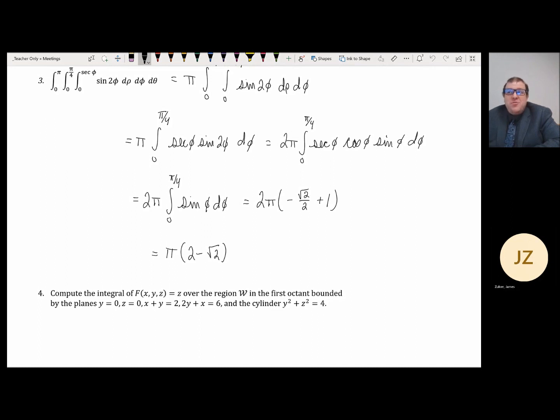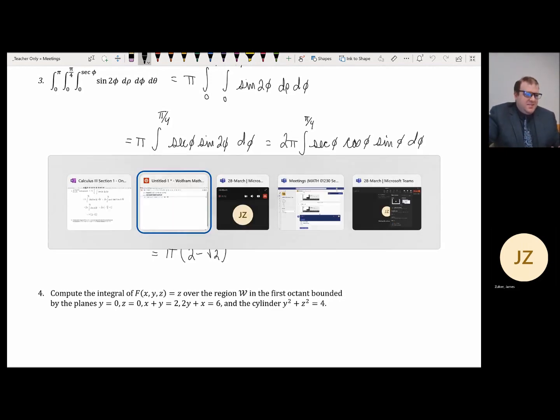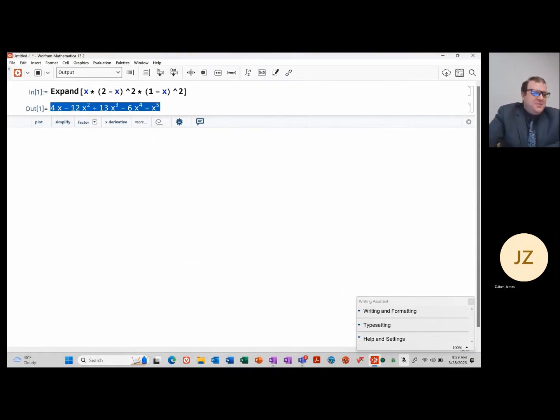Trying to describe a three-dimensional region without the aid of technology, it's a bit of a beast. Thankfully, we have Mathematica.